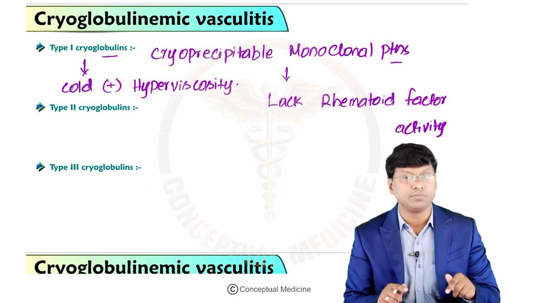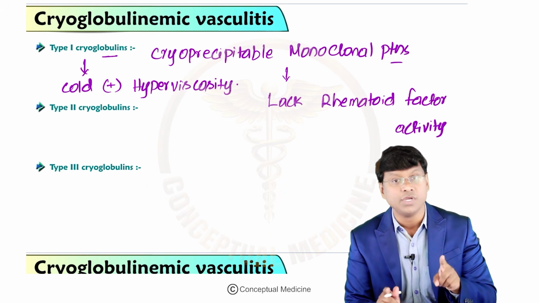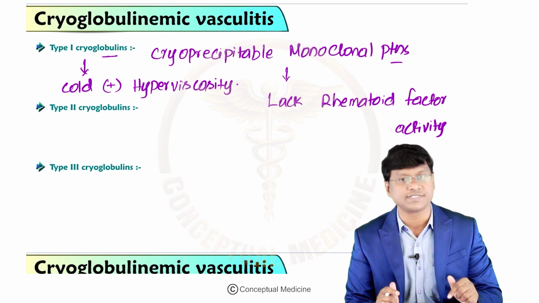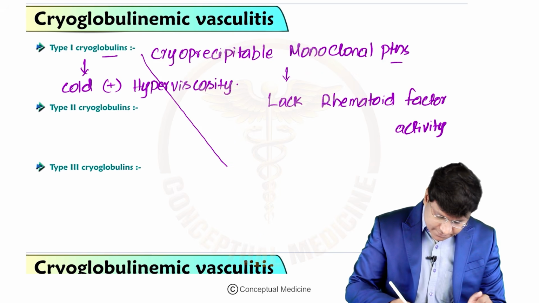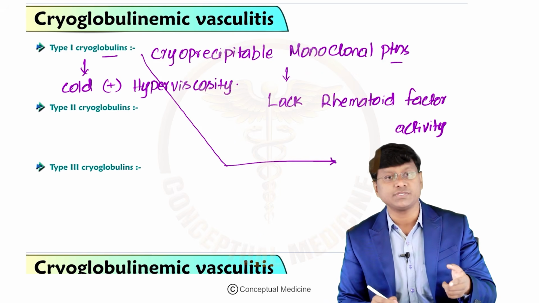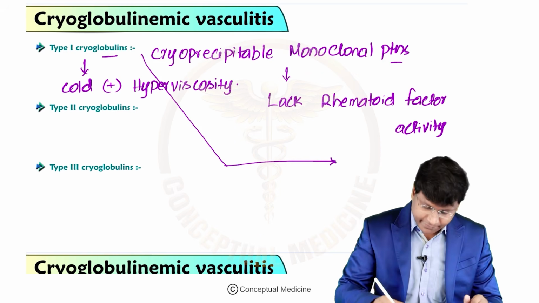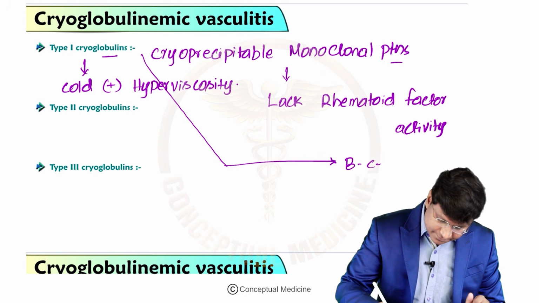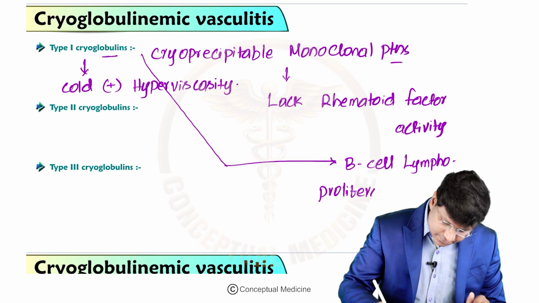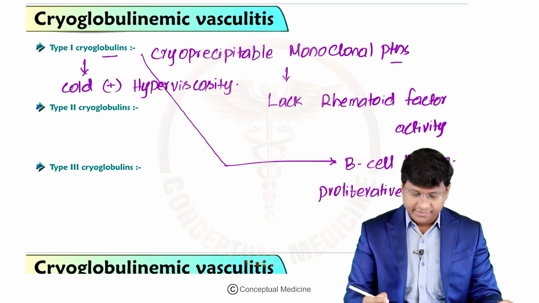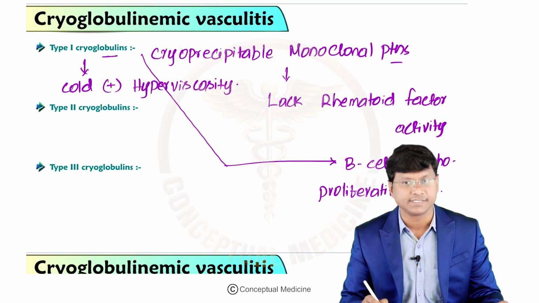Type 1 cryoglobulins don't cause vasculitis. And they are associated with B-cell lymphoproliferative diseases.